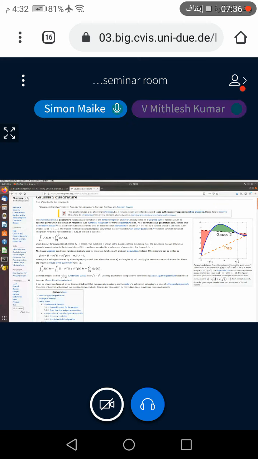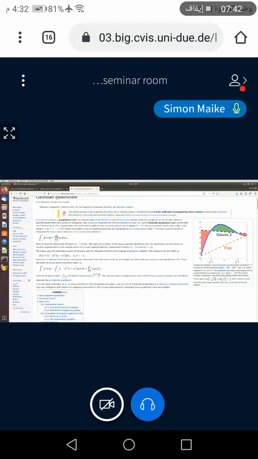Exactly. If you look here at what's written in the first line, basically, that's it. So we have a continuous integral, and we just do it at specific points. And our f(x) is now, in this case, B transpose C B. So this is our function, which we want to integrate at this point.